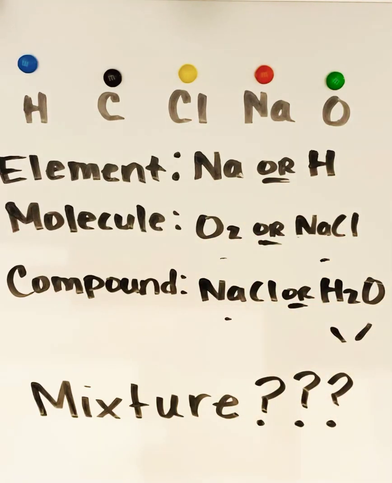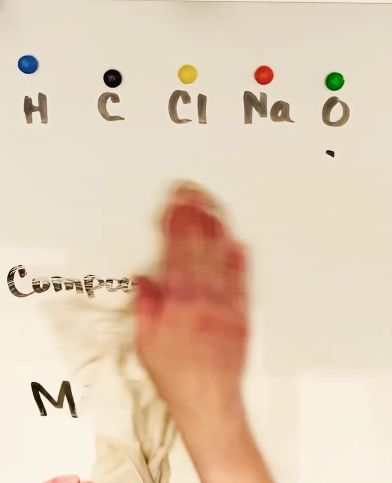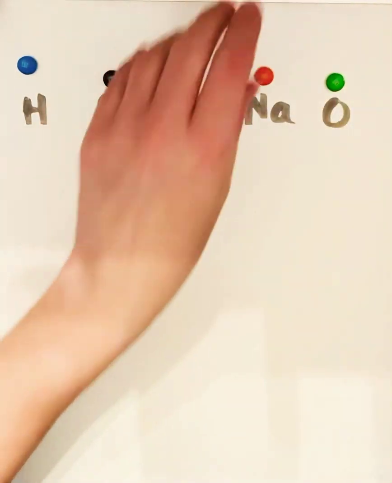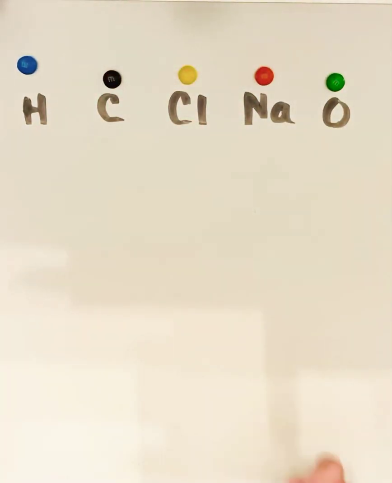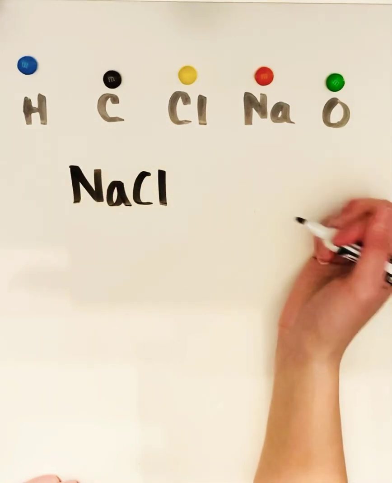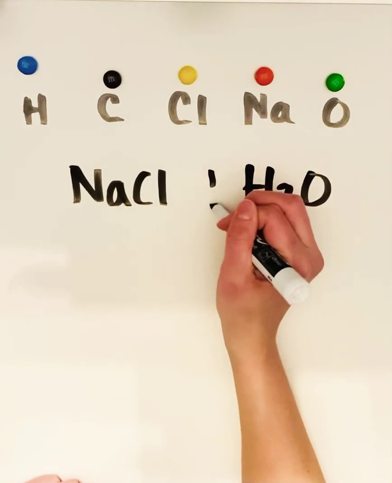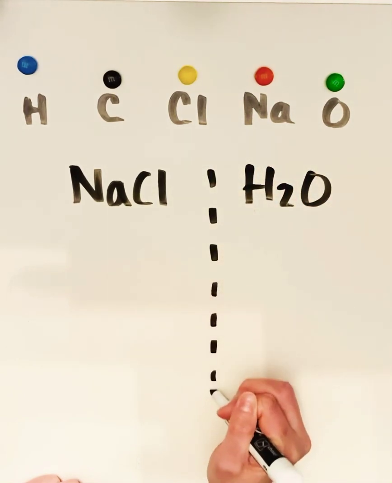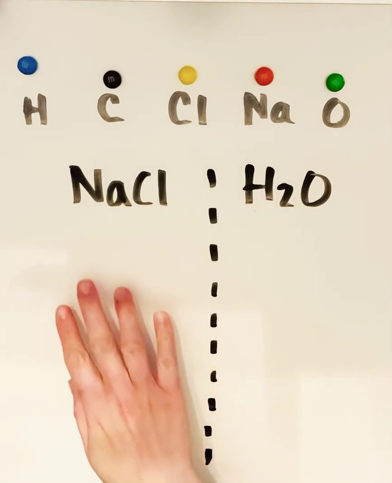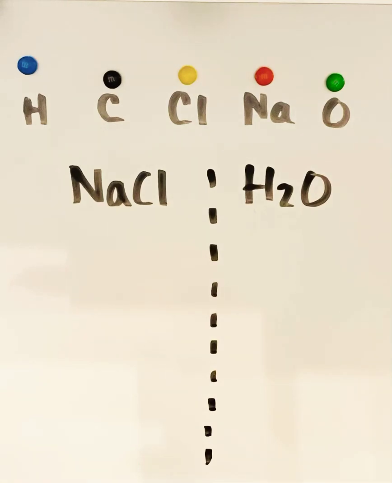So I'm going to clear my board here and erase and make some room for us to work. So salt water contains two different compounds, obviously, salt, or sodium chloride, and water mixed together. So I'm just going to draw a dashed line to start. I'm not mixing these two together yet. What I'm going to do is just place a few compounds of salt here and a few compounds of water on this side.